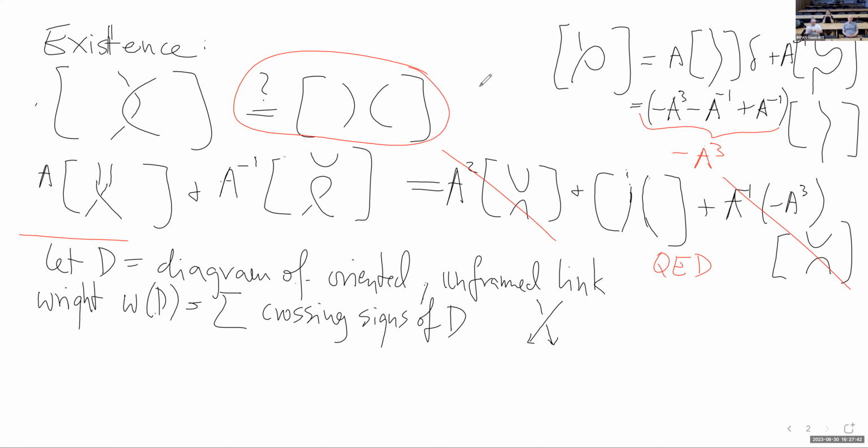Each crossing either looks like this, which is plus, or like that, which is minus. Is it clear that there are only two types?